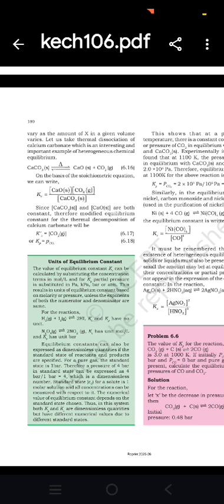On the basis of the stoichiometric equation, we can write Kc = [CaO(s)][CO2(g)] / [CaCO3(s)]. Since CaCO3 and CaO are both constant, the modified equilibrium constant for thermal decomposition of calcium carbonate is Kc = [CO2(g)], Kp = PCO2.